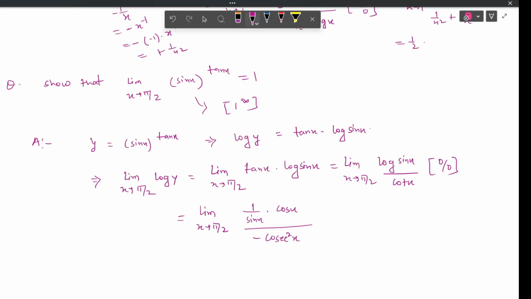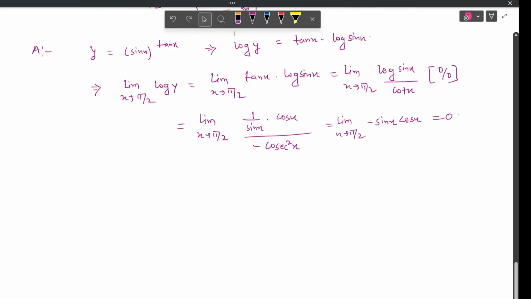Now if you simplify, sin square x will be in the numerator, 1 sin x will cancel out, it will be minus sin x cos x. So limit x tends to pi by 2 of minus sin x into cos x. If we put pi by 2, sin pi by 2 is 1, cos pi by 2 is 0, so the answer is 0.